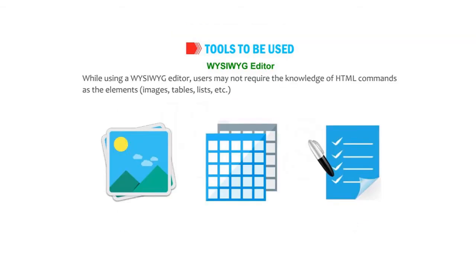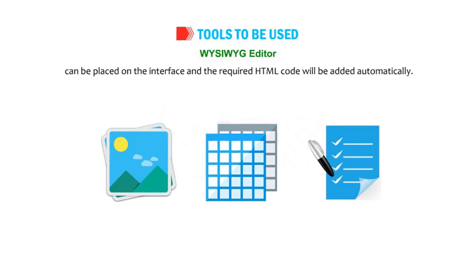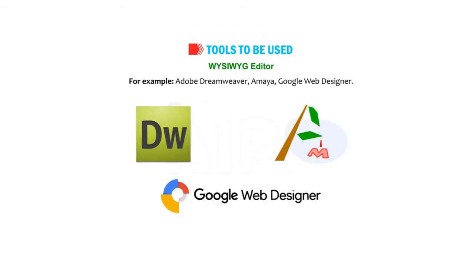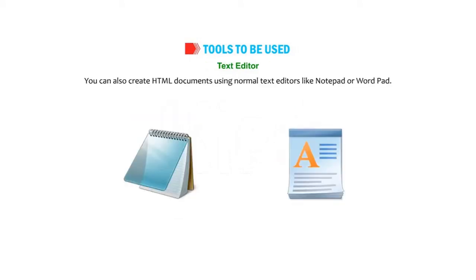While using a What You See is What You Get editor, users may not require the knowledge of HTML commands, as the elements like images, tables, lists, etc. can be placed on the interface and the required HTML code will be added automatically. For example, Adobe Dreamweaver, Amaya, Google Web Designer.